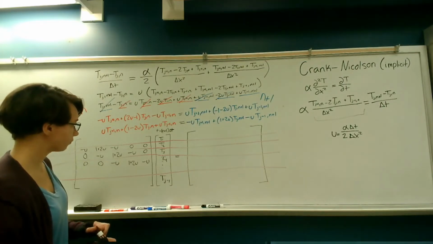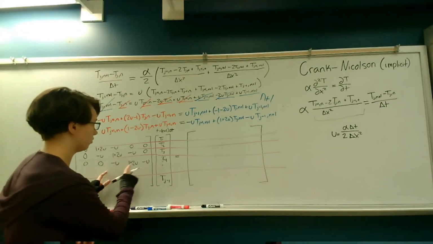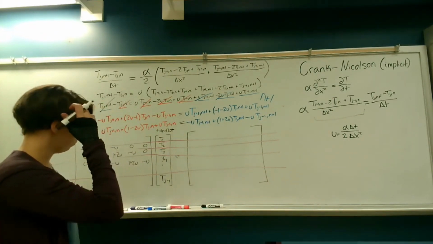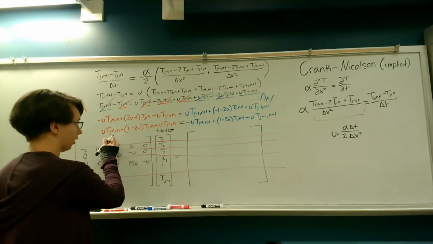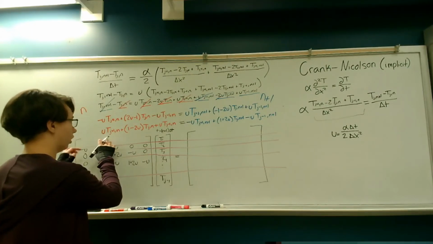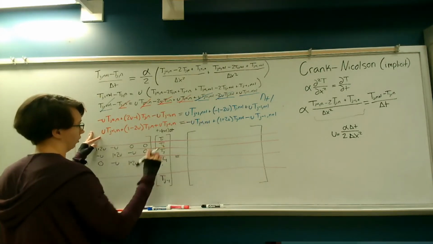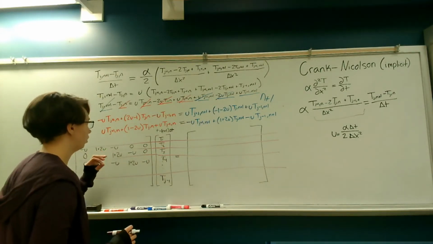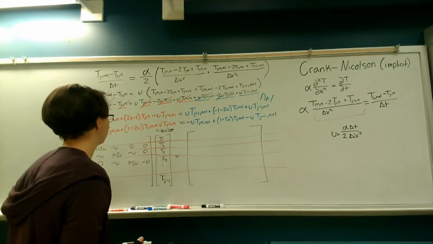So for the first temperature, I guess for these we can fill out this side first. So temperature 2, we're now dealing with this side, and these are all known because they are at our current time. These are in our next time, so these are fine. We don't have to multiply them by anything.